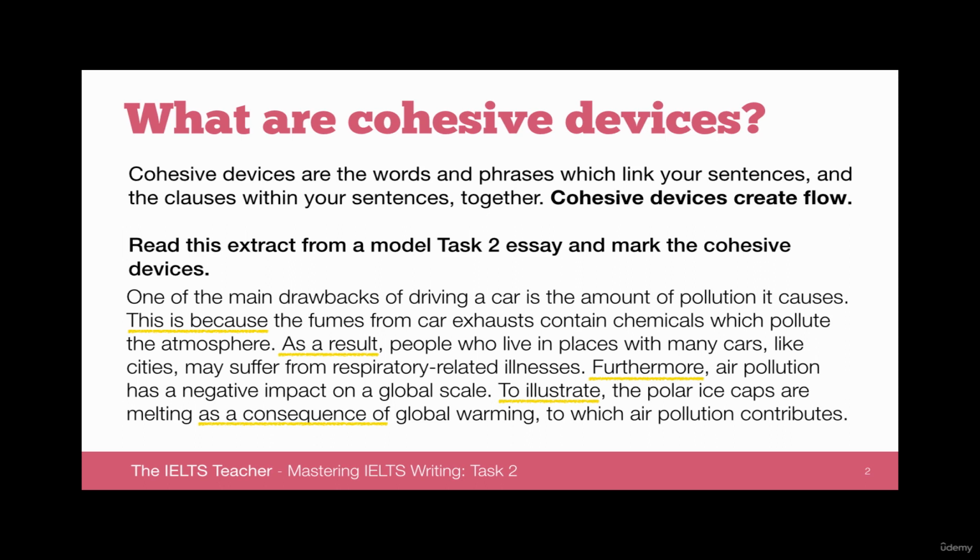So we have 1, 2, 3, 4, 5 cohesive devices being used in this paragraph. And you can see how they all link back to the previous sentences before them. So we're linking ideas here. This really oils the wheels of the paragraph. It just increases that flow in a dramatic way.